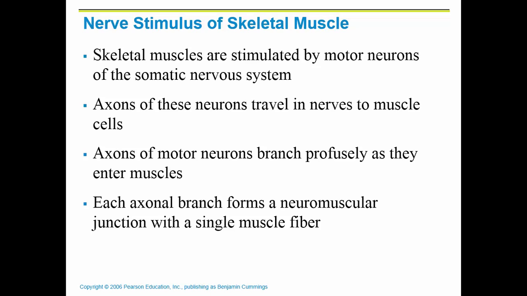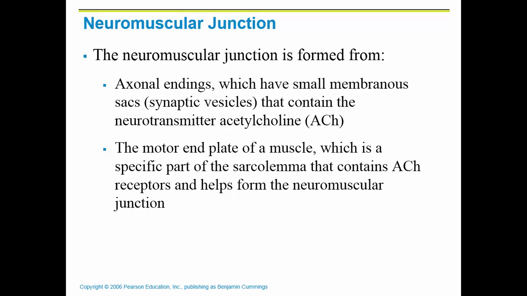And the neuromuscular junction is what is doing all of the controlling of the muscle contraction. So the neuromuscular junction is formed from the axon endings, and they almost come into contact with the sarcolemma.